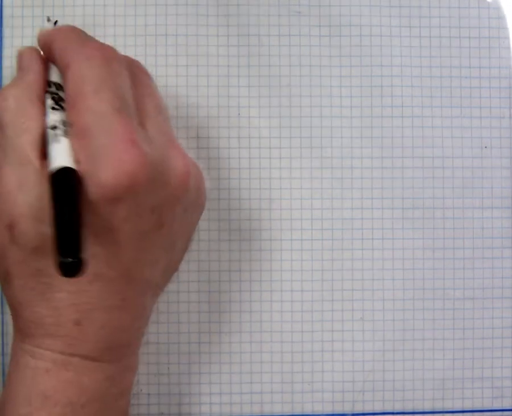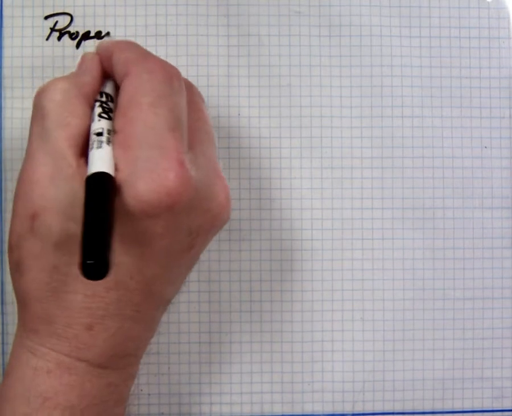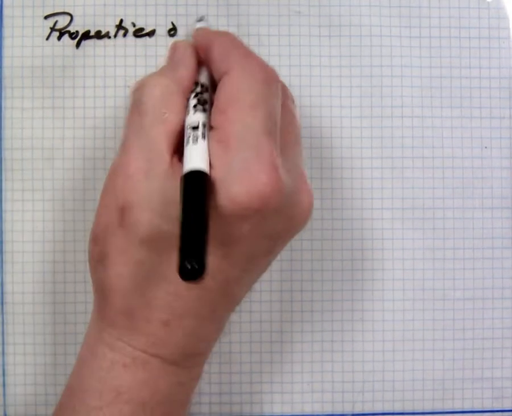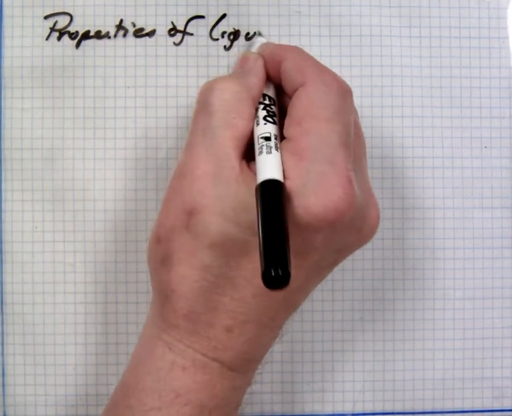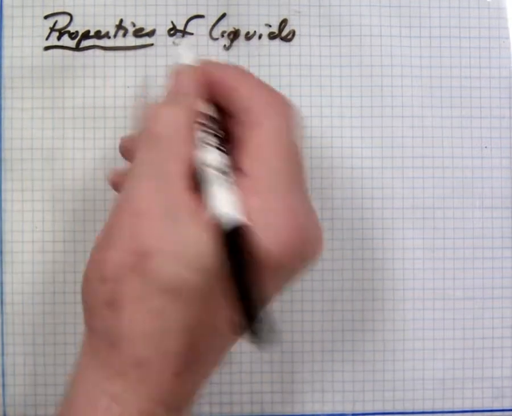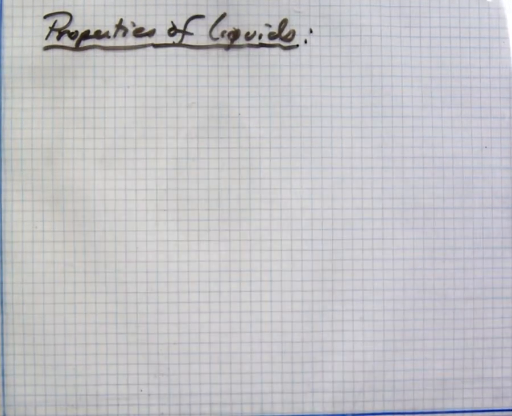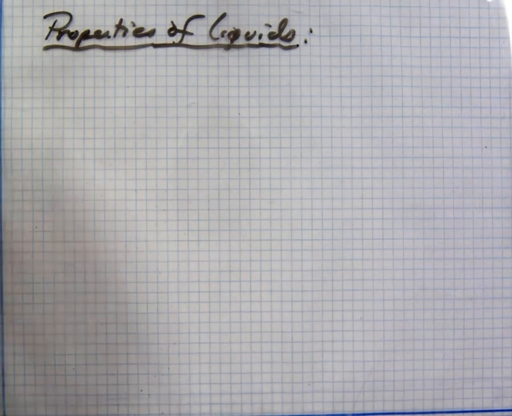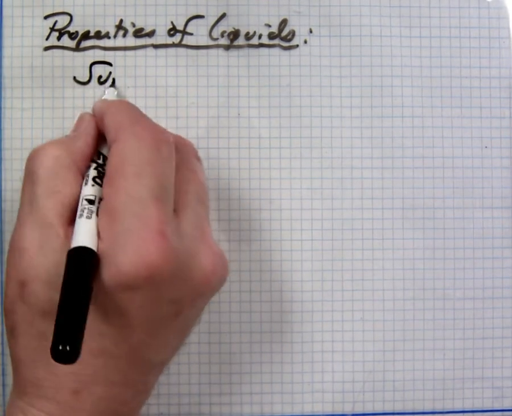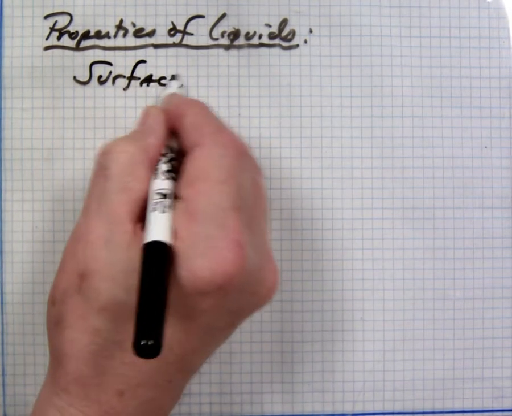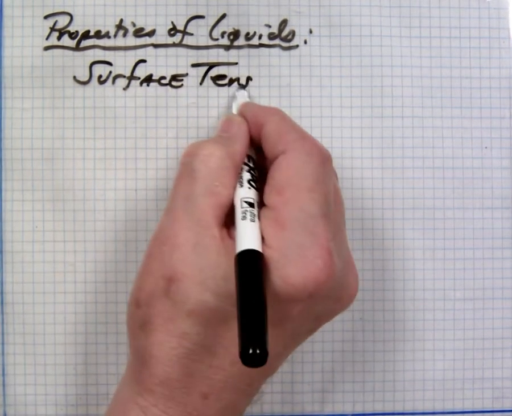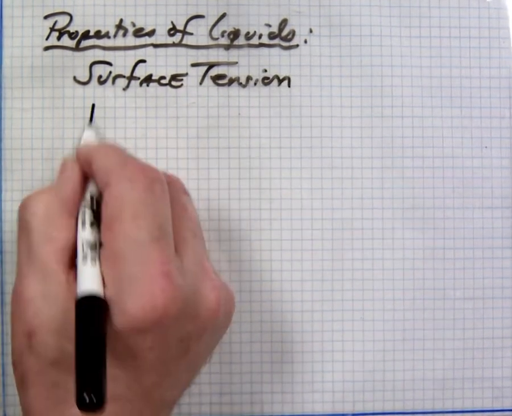Okay, so here are a couple of terms, properties of liquids. Liquids are defined by two terms when you're studying liquid characteristics, and that's surface tension and viscosity.